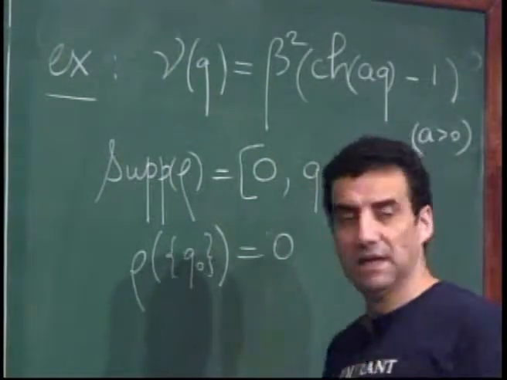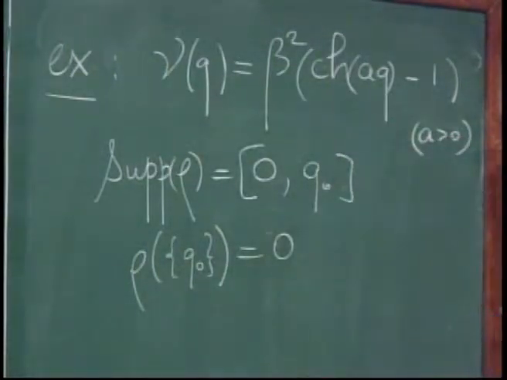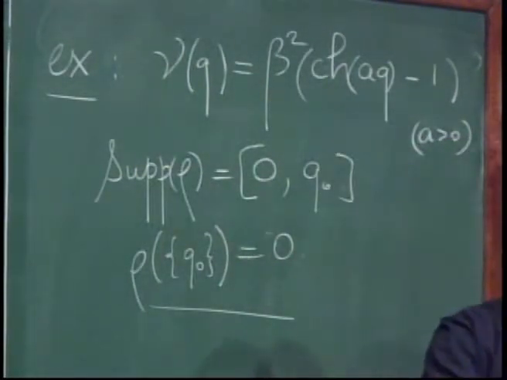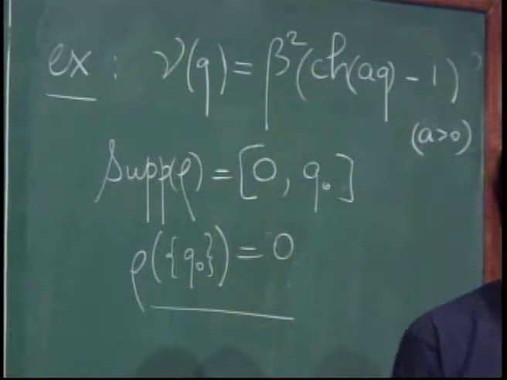There is no atom at the top, which, as we will see, is important. In all the hard spin cases, at least in the physics intuition, there is always an atom at the edge of the support. That's what they think. In the spherical case, Talagrand was probably the first to notice that it doesn't necessarily happen. This condition of giving zero mass or positive mass at the top of the support, we will see, is important.